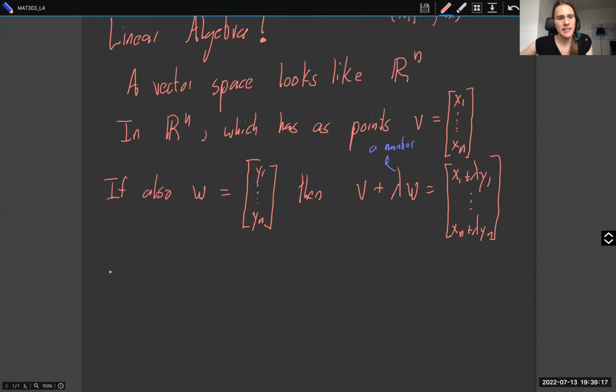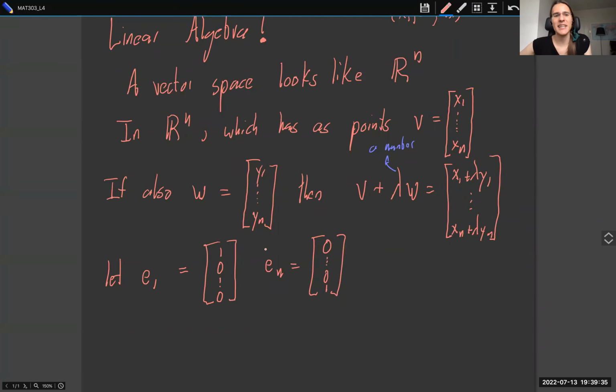So let E1 be 1 and then zeros. En be zeros and then 1. If it's an n-dimensional vector space, so in Rn.